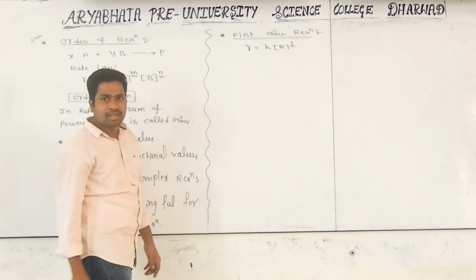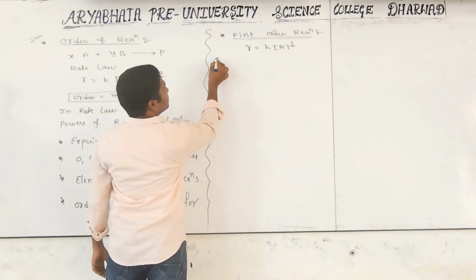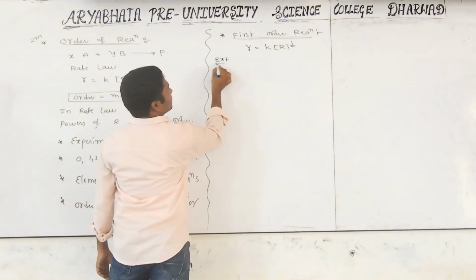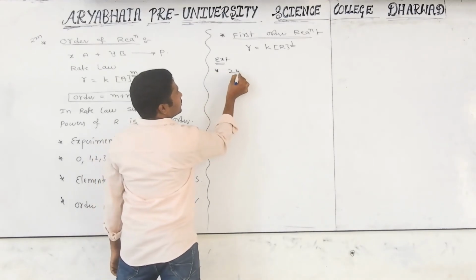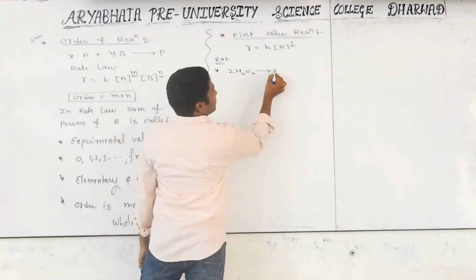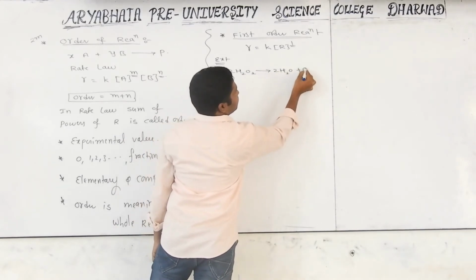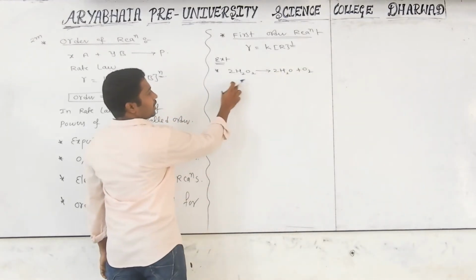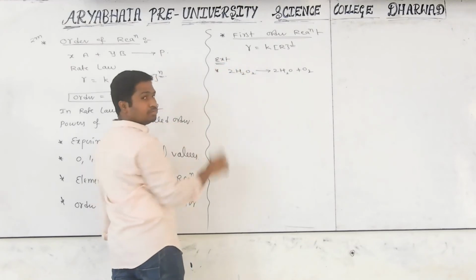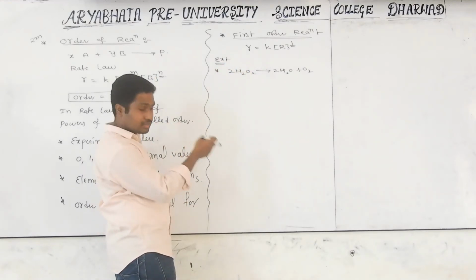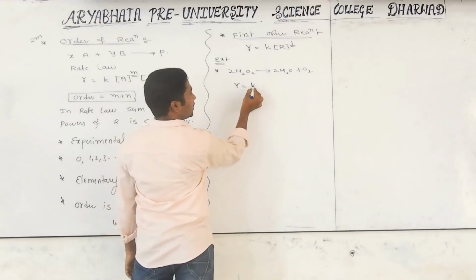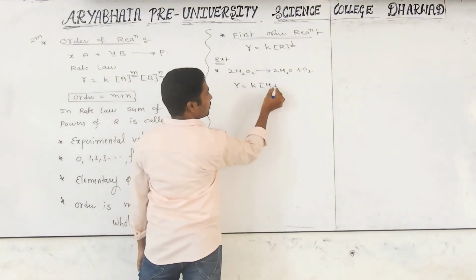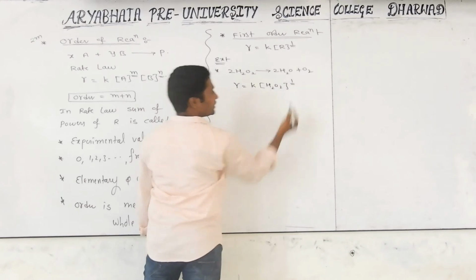That's called a first order reaction. What is an example? Take 2H2O2 giving 2H2O plus O2. Will you write R equals K into H2O2 power 2? No. Why? It is a complex reaction, as we did just now. The rate law for this is R equals K into concentration of H2O2 power 1.